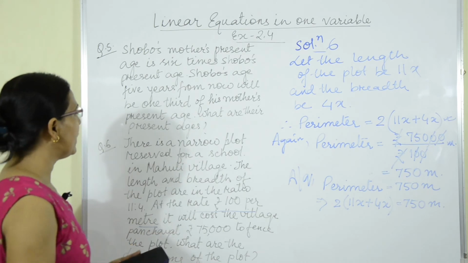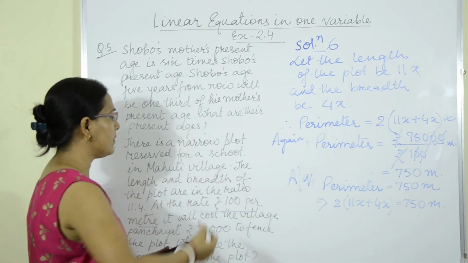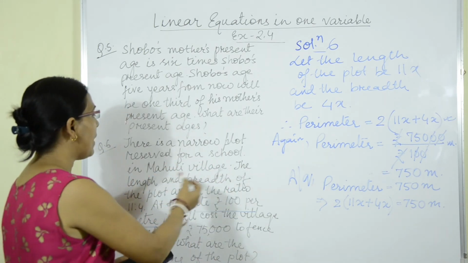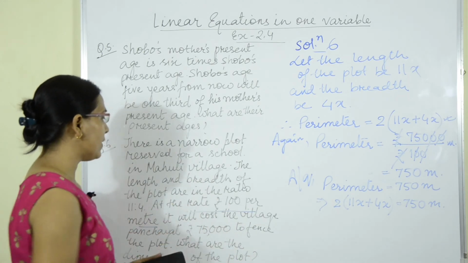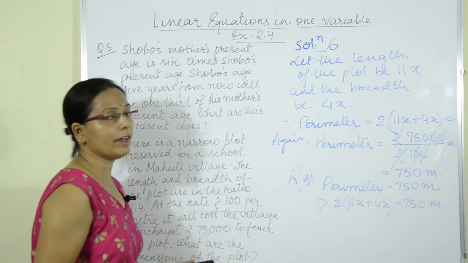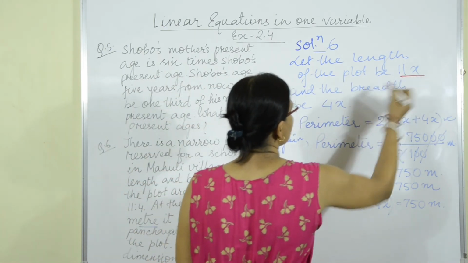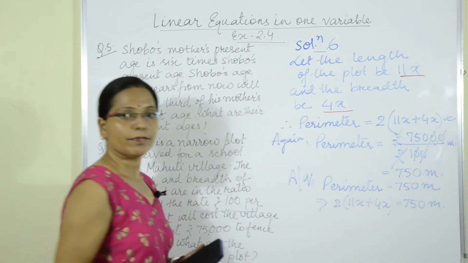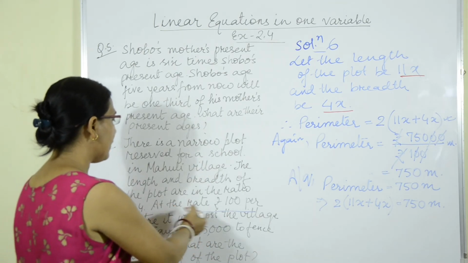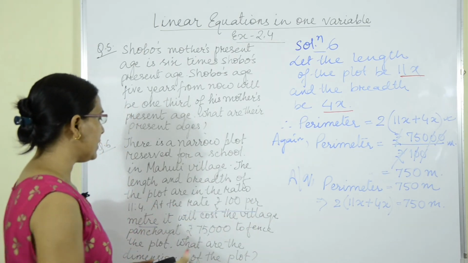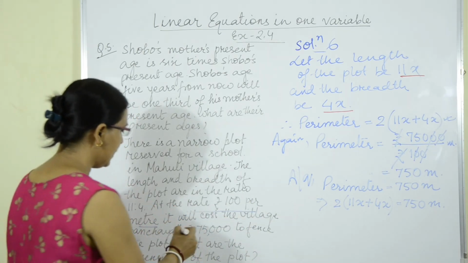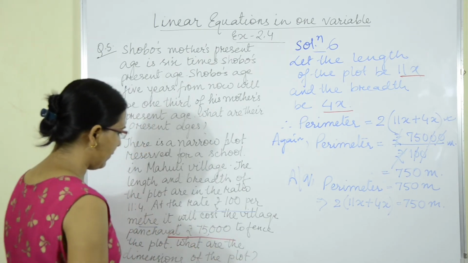Once again I am explaining it. There is a narrow plot reserved for a school in Mahuli village. The length and breadth of the plot are in the ratio 11:4. So, I have taken the length of the plot as 11x and the breadth as 4x. Now, at the rate of rupees 100 per meter, it will cost the village panchayat rupees 75,000.